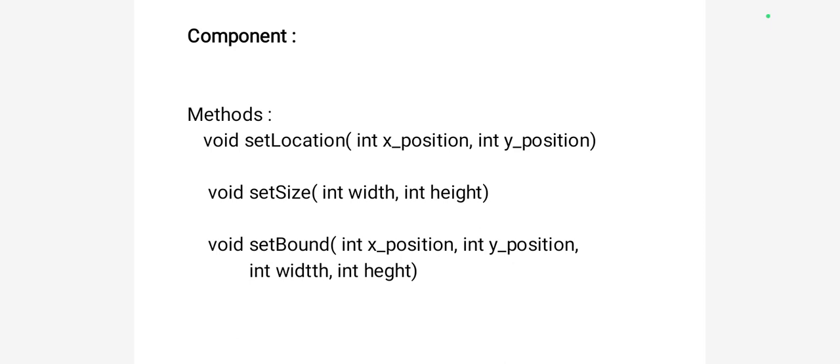Instead of setLocation and setSize, here we are using one method, which is setBounds. Actually setBounds replaces the methods setLocation and setSize. By using this method, we can set the position of the component on the screen, and also we can set the width and height of the component.